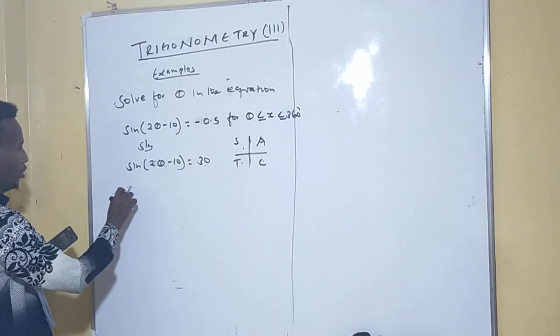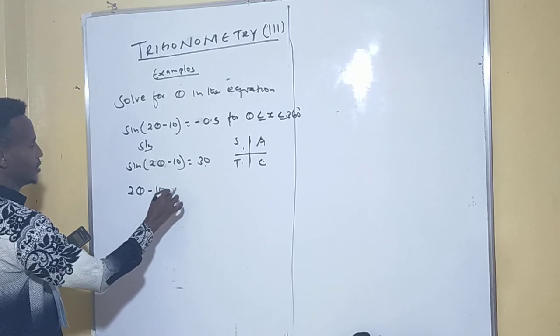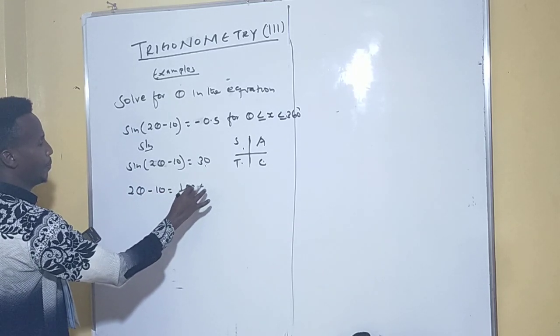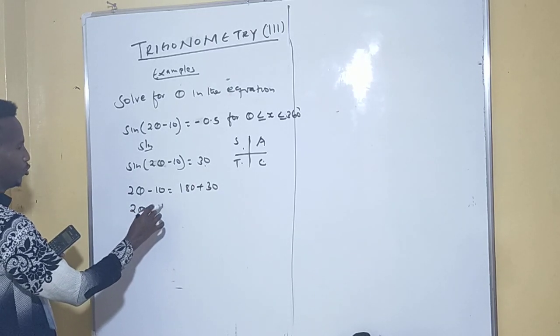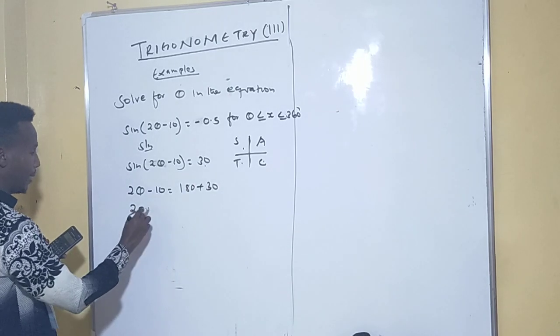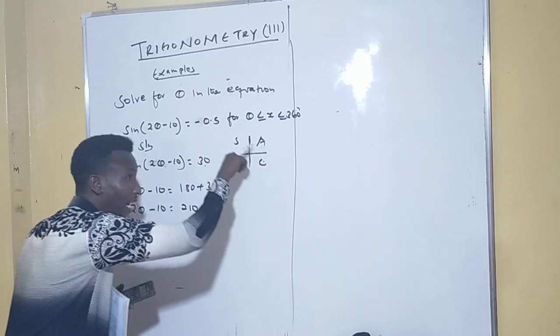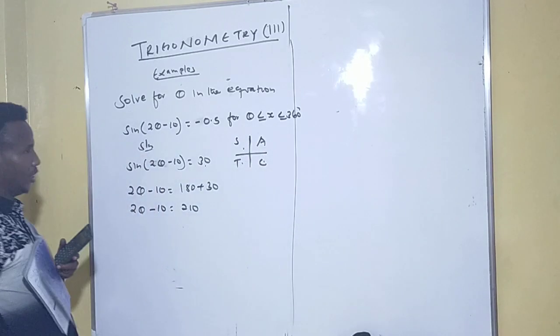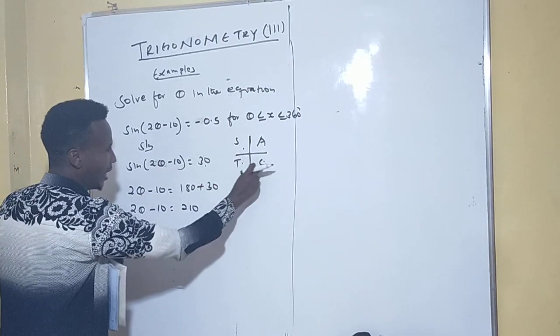So 2 theta minus 10 is equal to 180 plus 30, which is 210, because we have to enter the third quadrant, because sine is negative in the third and fourth quadrant.